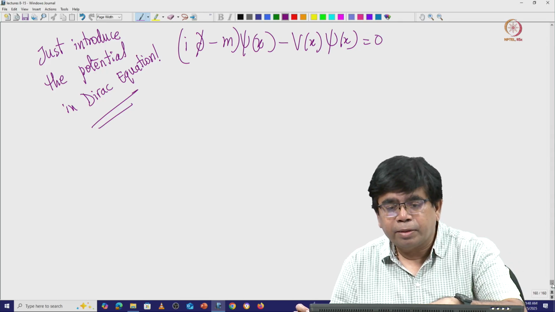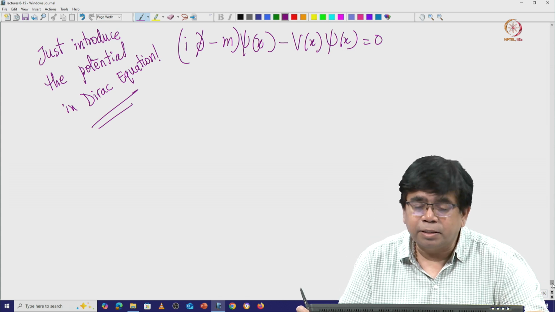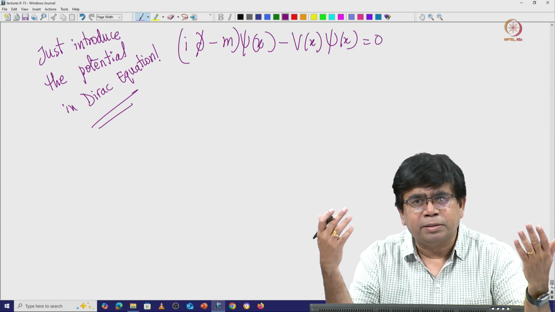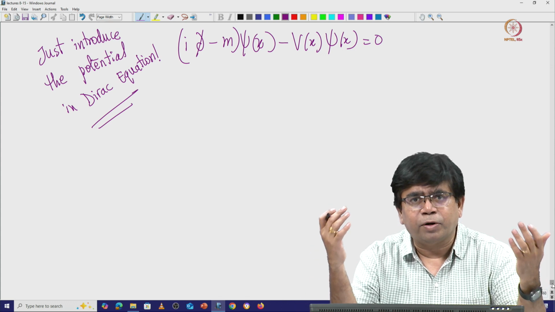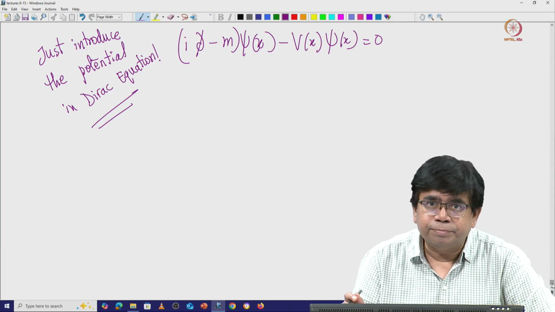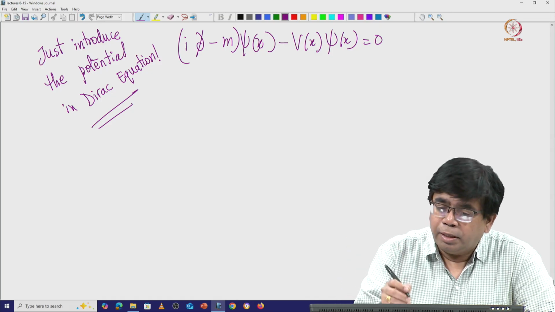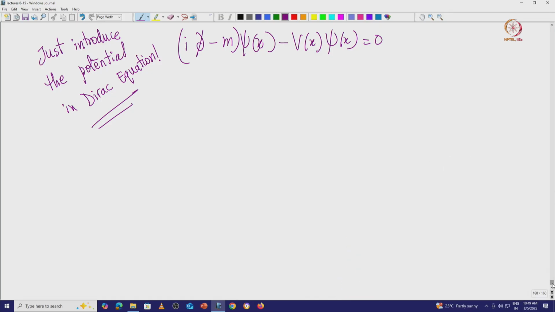So you have a step potential in this fashion, and you repeat the same exercise exactly like what I did in the case of the Klein-Gordon field.